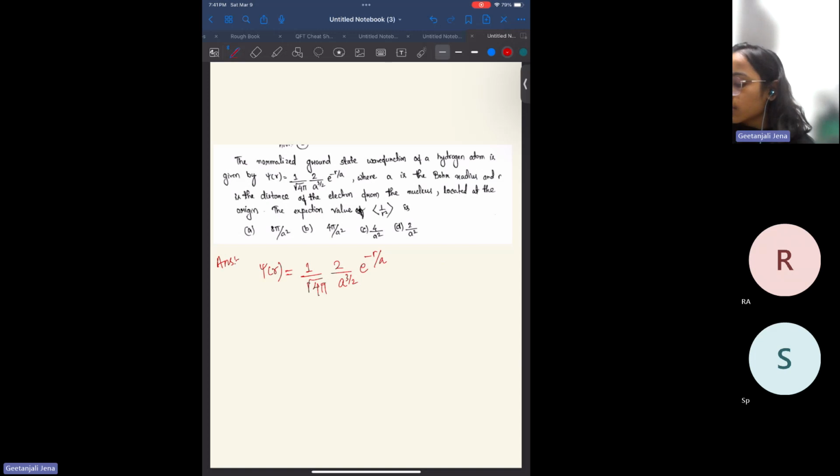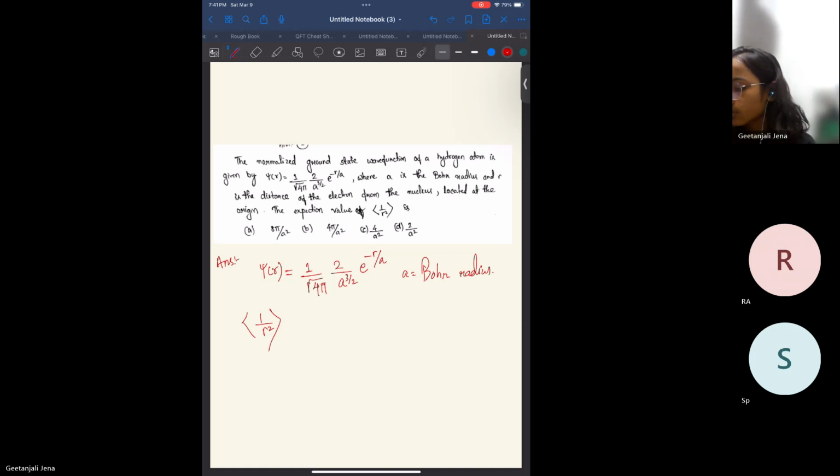So a is the Bohr radius and r is the distance of the electron from the nucleus. Now it is asking what will be the expectation value of 1 by r square.